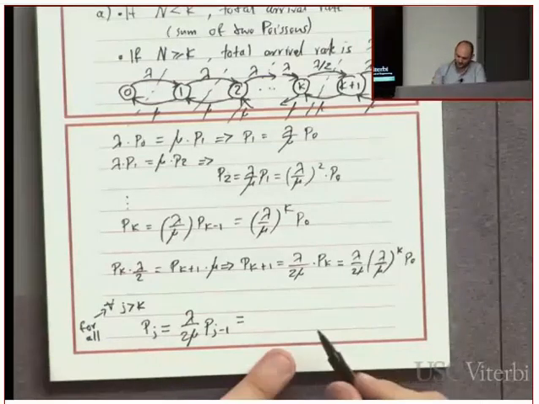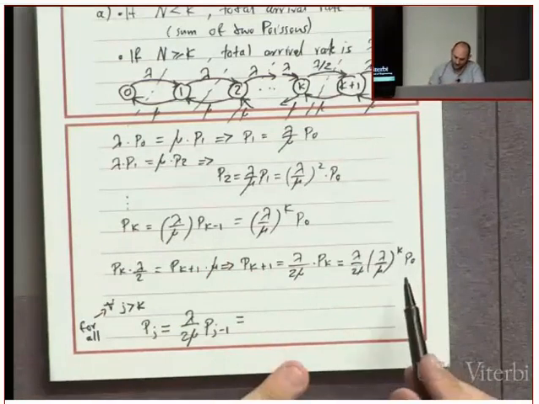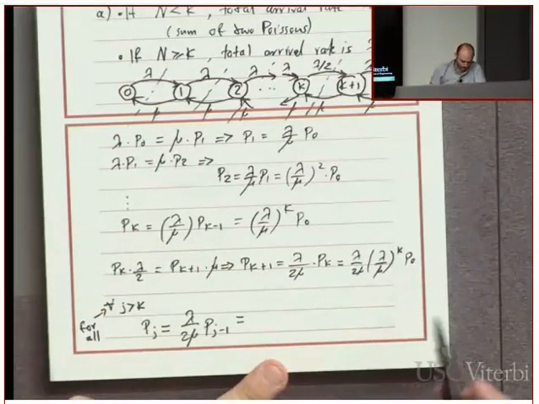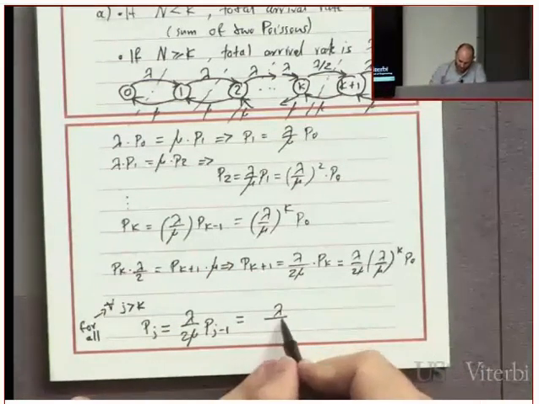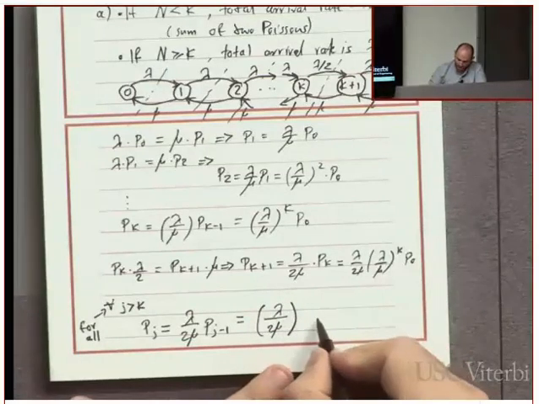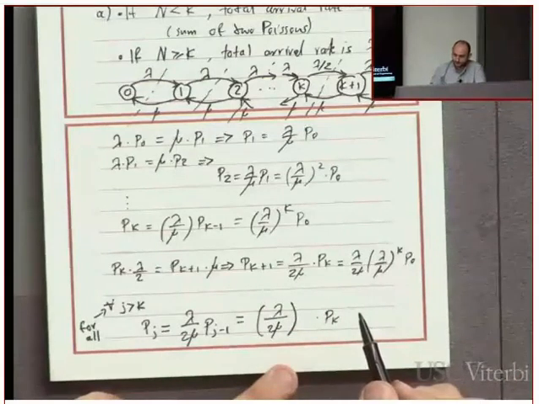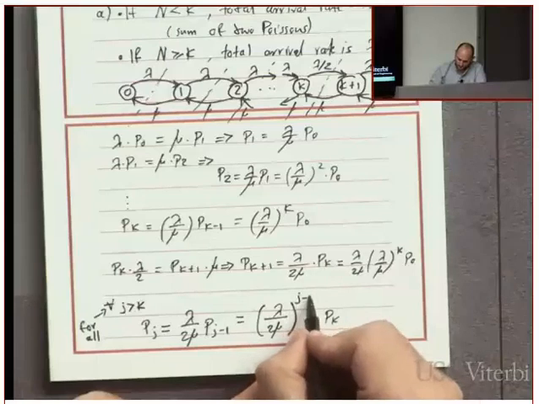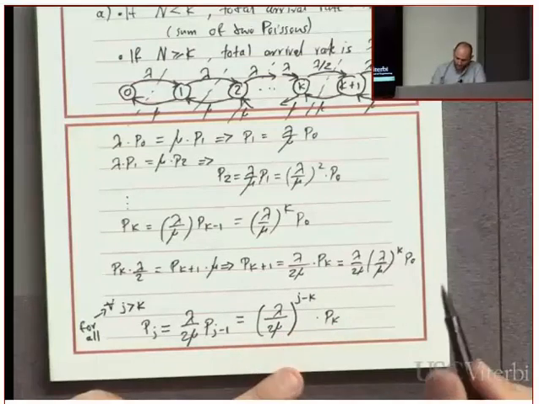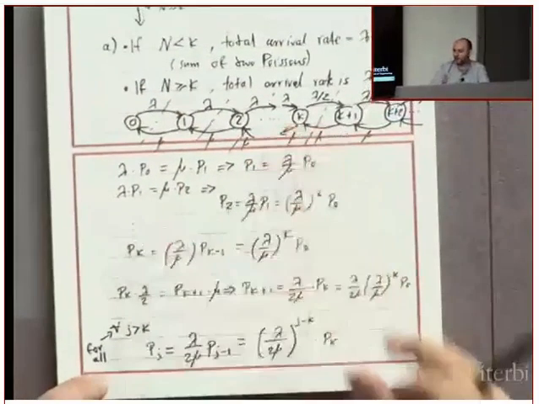Instead of having P0, the first step is to use Pk and then substitute, right? Or you can do it directly if you want. So we need something like lambda over 2 mu to some power times Pk. So what is this power here? It's j minus k, perfect. It's like we start counting from here, right? This is 1, 2, 3, j minus k. This is how far to the right we are starting from k.